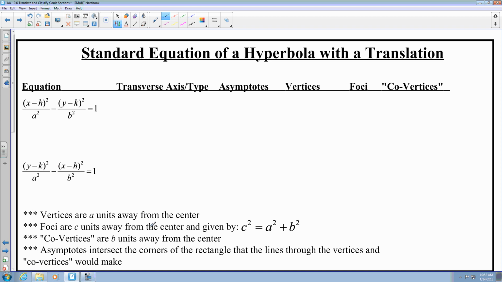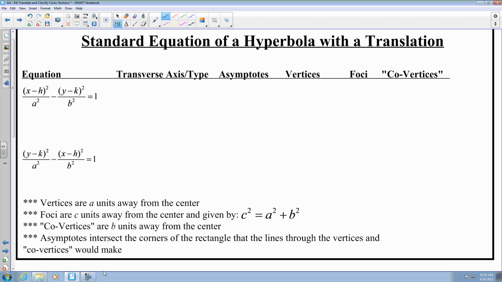hyperbola. So the hyperbola, again, our transverse axis or type. This one's going to be a horizontal. And the asymptotes will still be at y equals plus or minus b over a x.